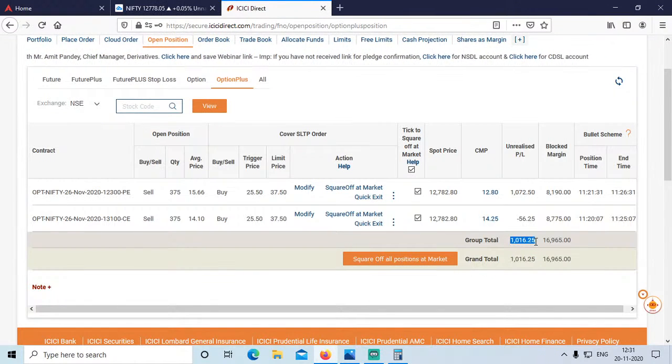Close to 1016 rupees we are getting as profit till now, almost 1 hour 30 minutes over.